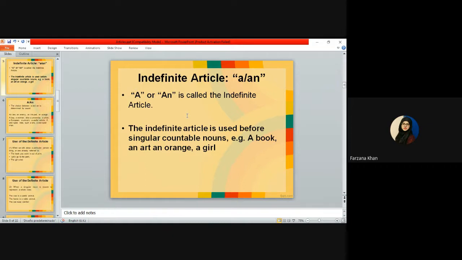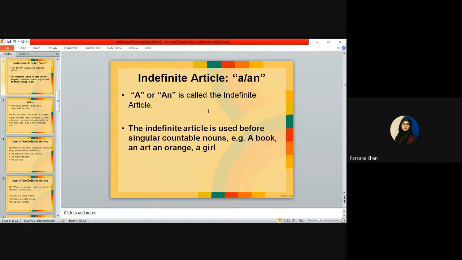So when we talk about the indefinite article, it simply means one or any. So it can be a book, it can be an orange, it can be a girl, it can be a boy, it can be an art. Both a and an have the same meaning, but their uses are different according to the sound of the word for which they are used.